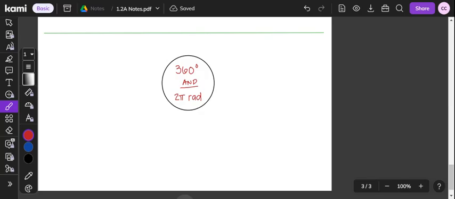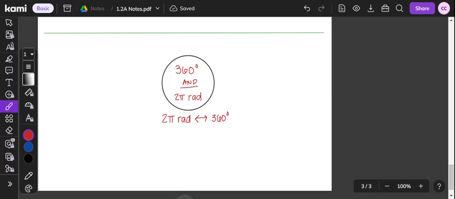So in other words, what we can say is that 2 pi radians must be equivalent to 360 degrees. They're saying the same thing. They're just using two different units.